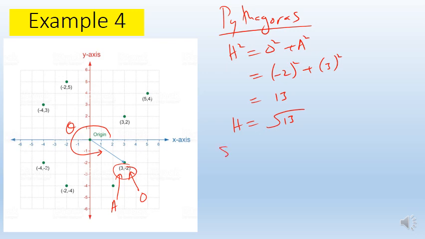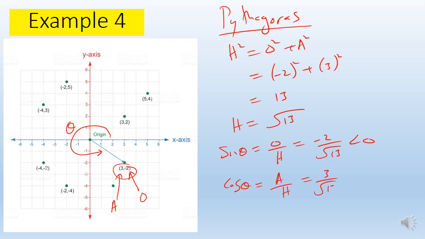So let's just test this. Sine of theta is opposite over hypotenuse. The opposite side we said was minus 2, and that, as expected, is negative. Cos theta we know is positive, so let's test that. The adjacent side is positive 3, and root 13 is positive.